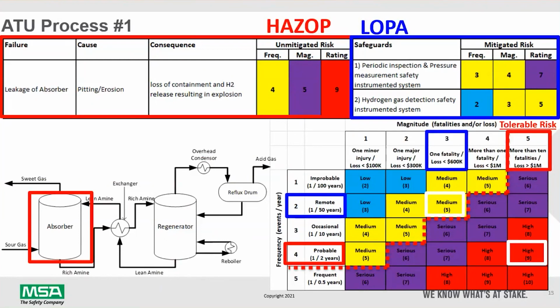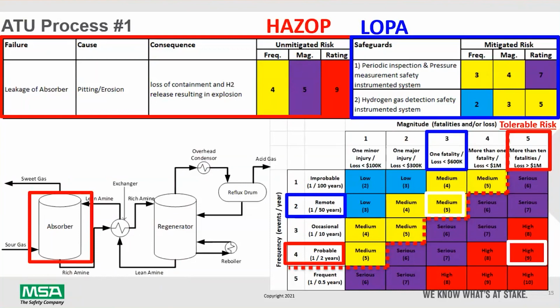So first, let's implement periodic inspection and a pressure measurement safety instrumented system. Now that would drive us to a rating of 7, or in a serious condition, and we're still not reaching our tolerable risk levels. So in addition to that, let's add a hydrogen gas detection safety instrumented system.